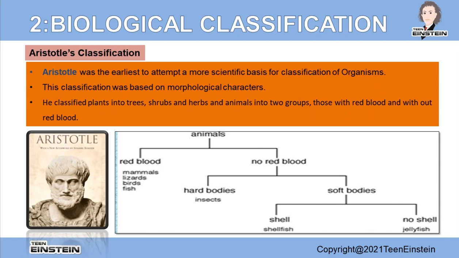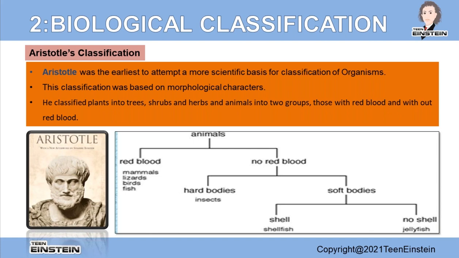Aristotle was the first person who tried it. You note down all these points, okay? So it will be easy for your revision. He made the classification based on morphological features. Aristotle's classification was based only on morphological features, and he classified plants and animals.